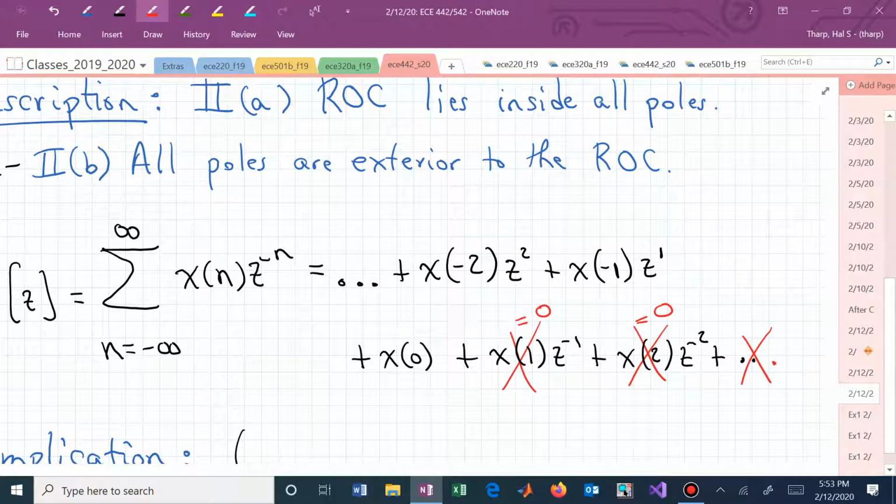So the region of convergence has to be true for all values of z for this x of z to be defined, capital X of z to be defined. And we've now found that, oh, in this particular case, the positive values of little n have to all be 0.